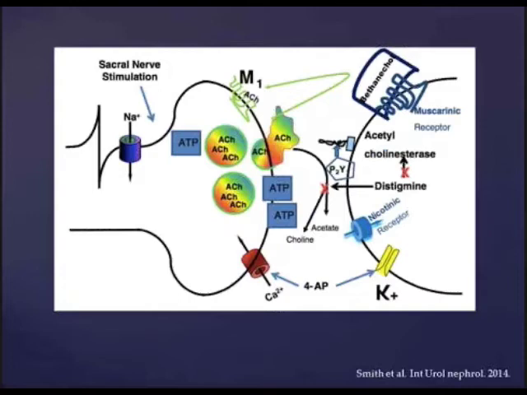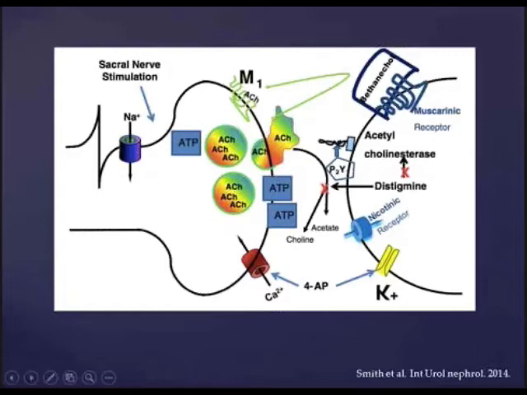So we have a nice synapse there from a parasympathetic neuron going to the muscle cells itself. There are these nice muscarinic receptors, the M3 receptors there. I can't point. And then there's Bethanechol. That's a muscarinic receptor agonist.